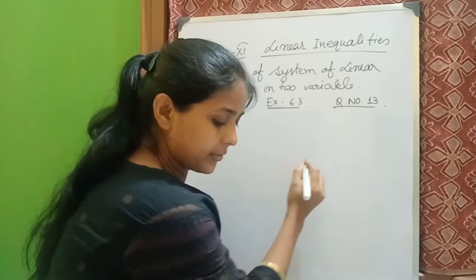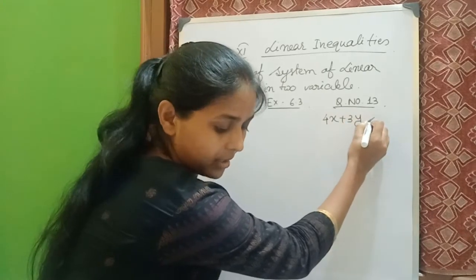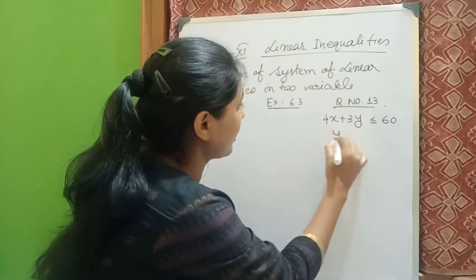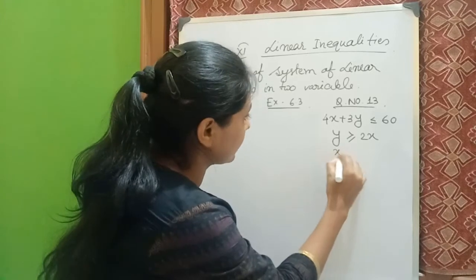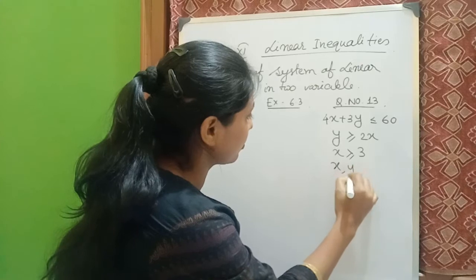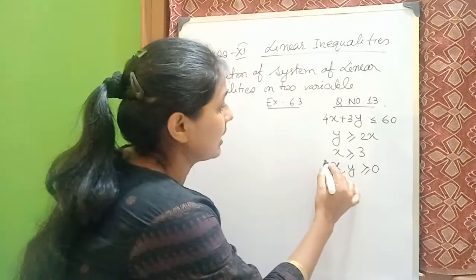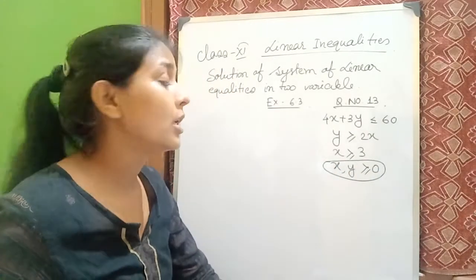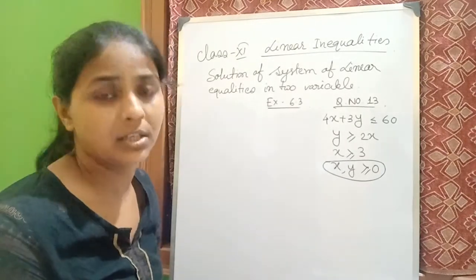The question says the inequalities are: 4x plus 3y less than or equal to 60, this is inequality number one. Second, y greater than or equal to 2x. Third, x greater than or equal to 3. And the fourth and fifth are written together. This is called the non-negativity constraint, or non-negativity condition.